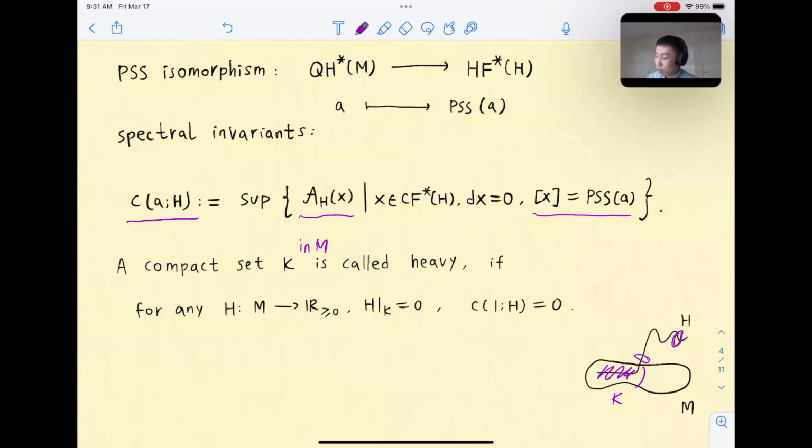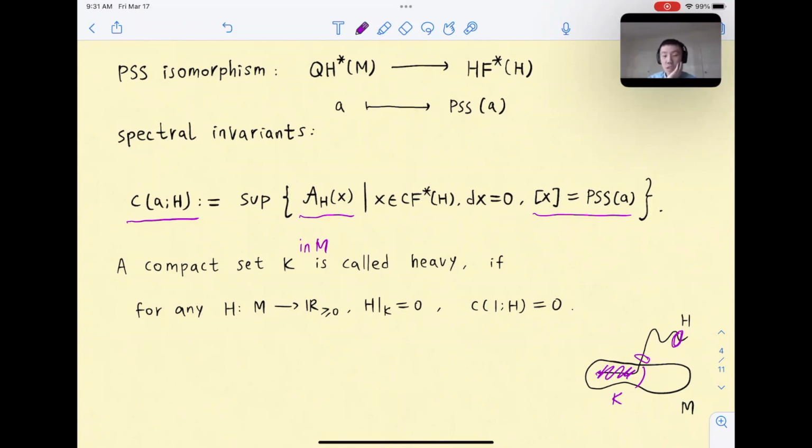So somehow we only allow those orbits with zero action representing this unit. So that's the definition of heaviness.